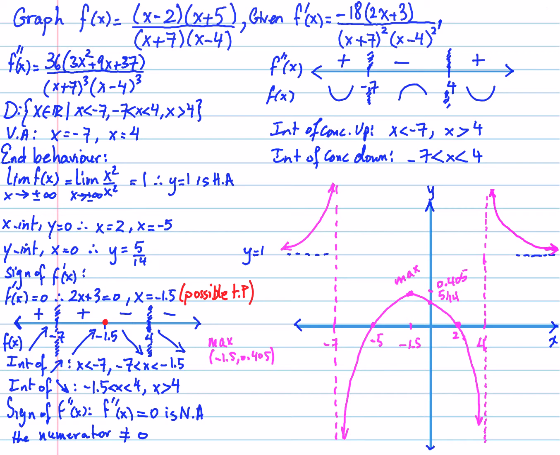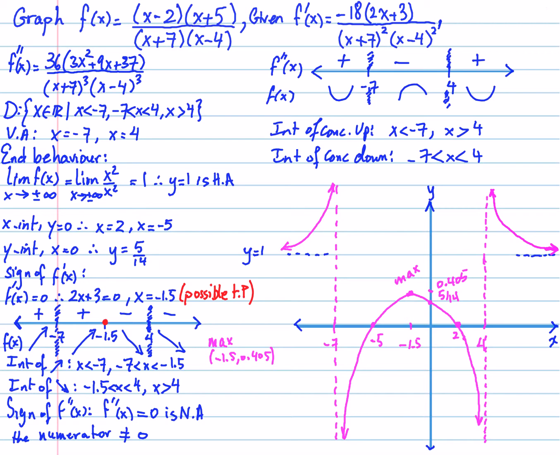The exponent is 2, so these factors happen twice. Therefore, the sign does not change before and after that restriction. As for negative 1.5, it comes from the expression 2x plus 3, which is an odd root, or a single root.